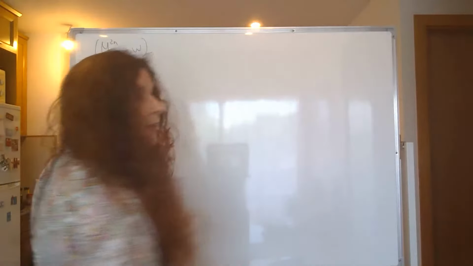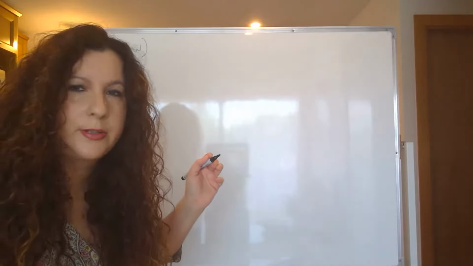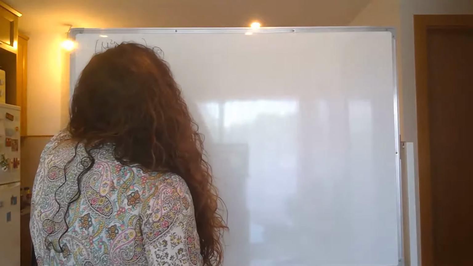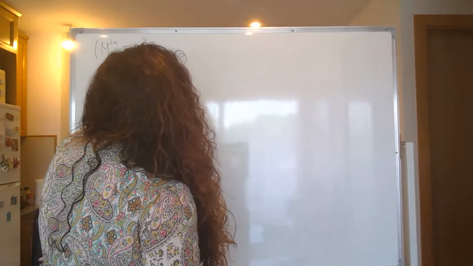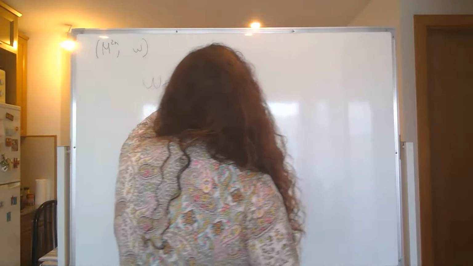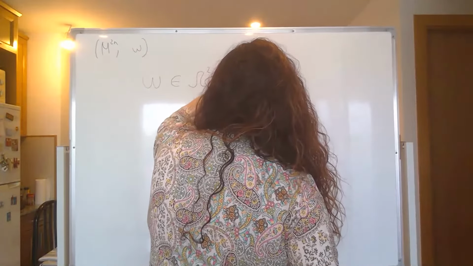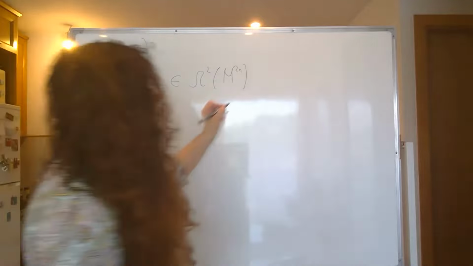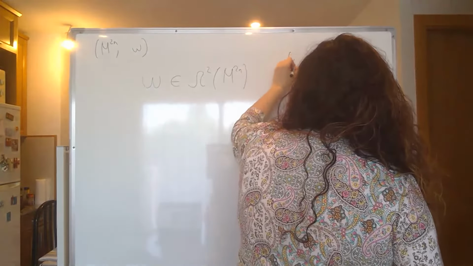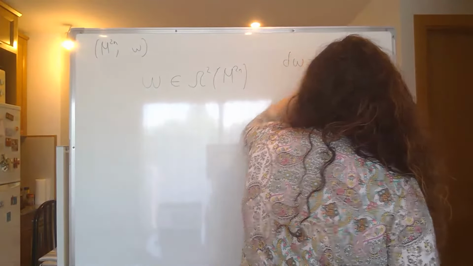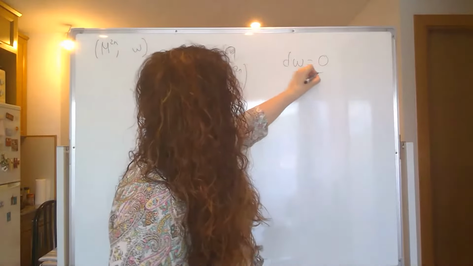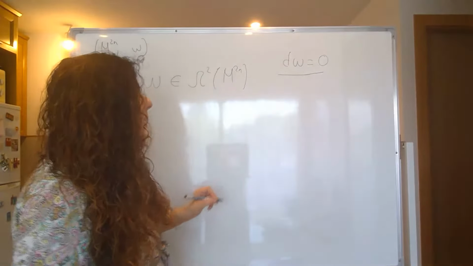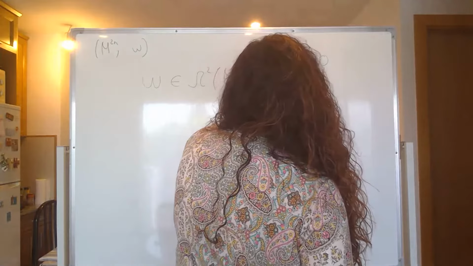So I'm going to try to write bigger in case you don't see this. So omega is a 2 form on the manifold, which we require to be closed. We require this condition, and we also require omega non-degenerate.